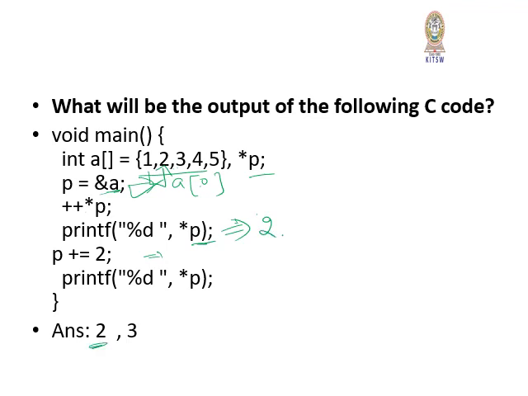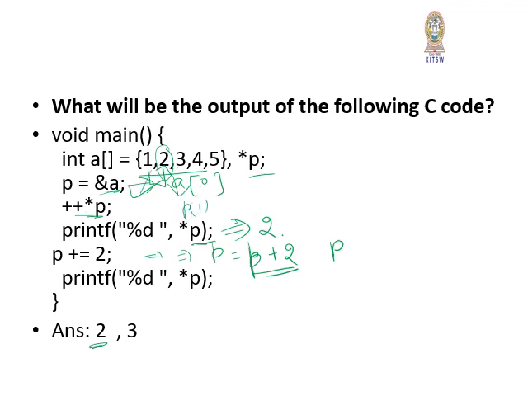Then next we are writing p plus equal to 2. This means p equal to p plus 2. Initially p is 0, and when we move it to the second location, that is p plus 2. When we wrote plus plus star p, we got the value 2, and the address of this p is 1.